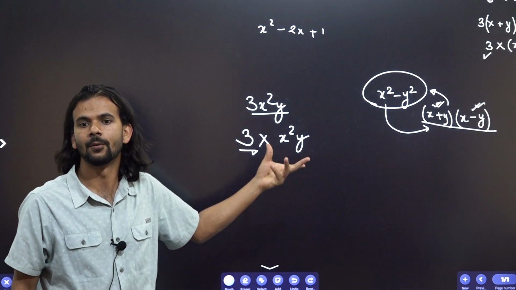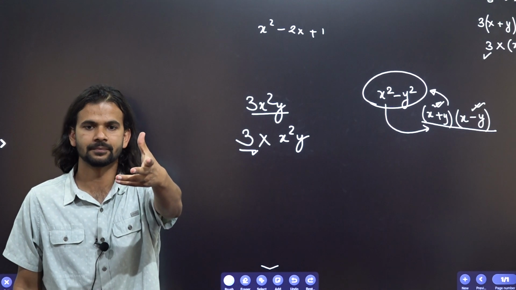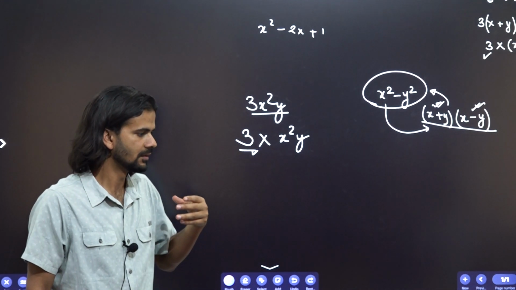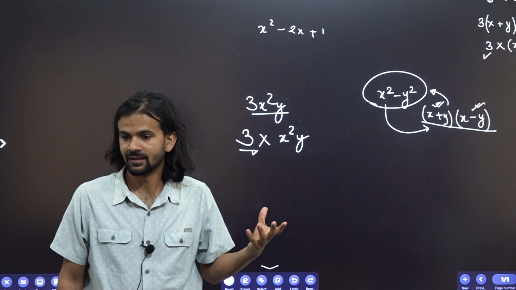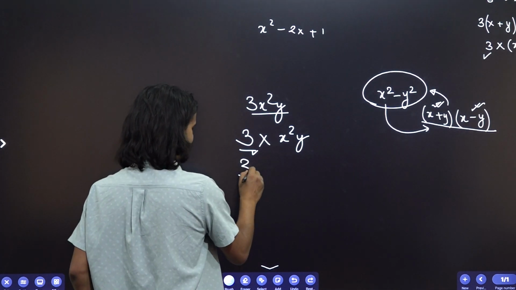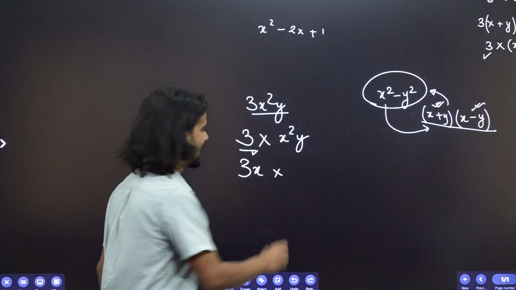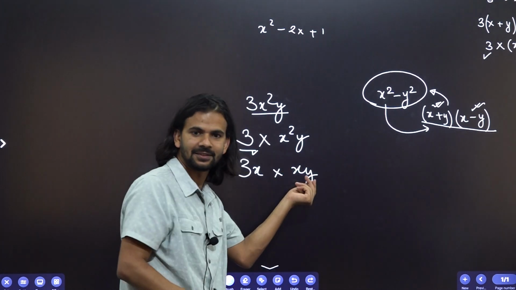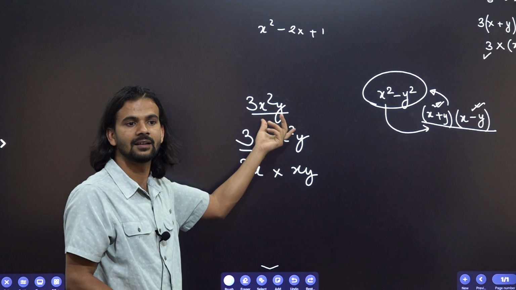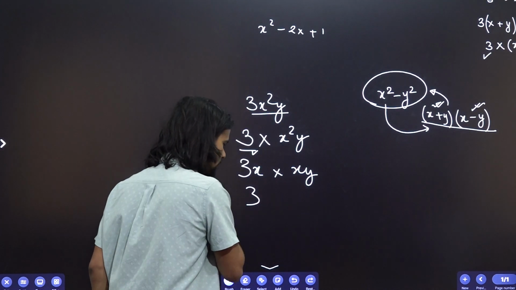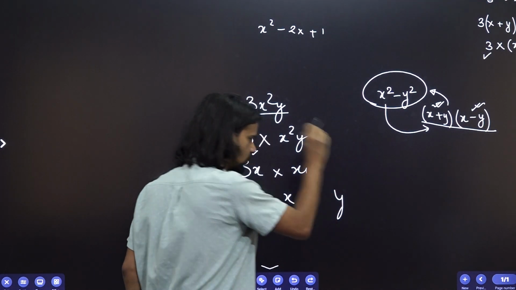No. What are other factors? 3x is a factor, because if you multiply 3x with xy, xy is another factor, you will get this one. And similarly, 3 is also a factor, x is also a factor, y is also a factor. Why?